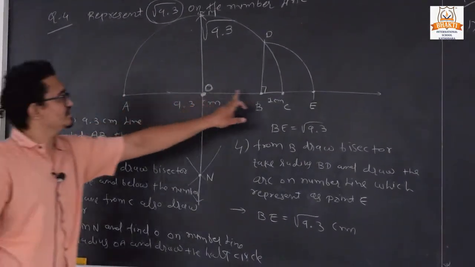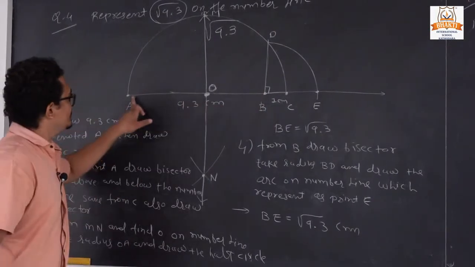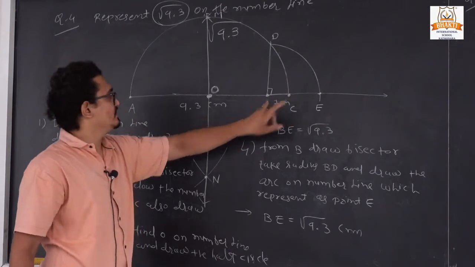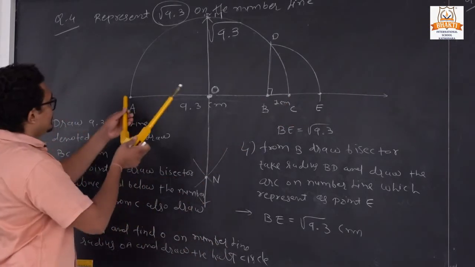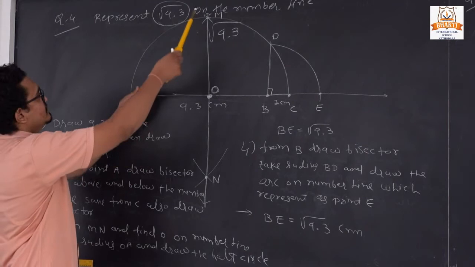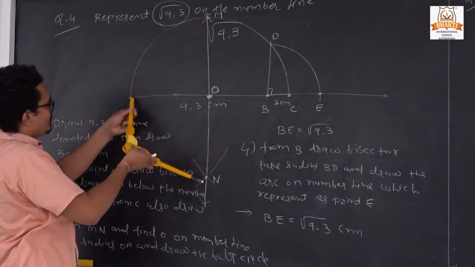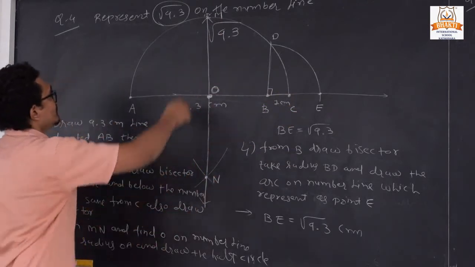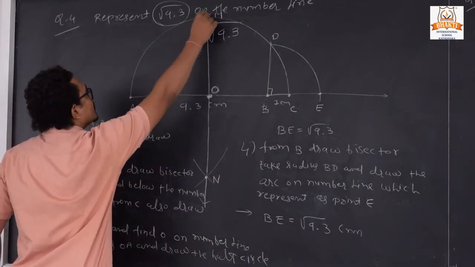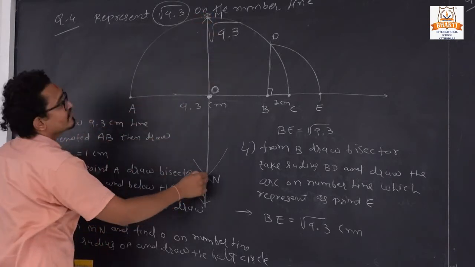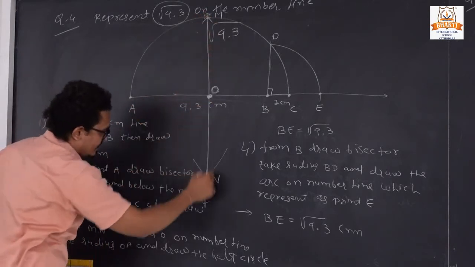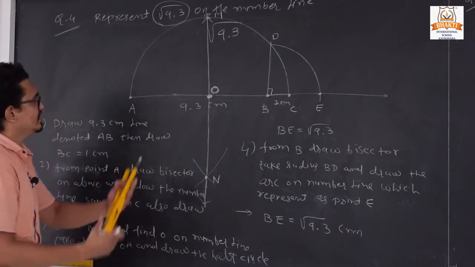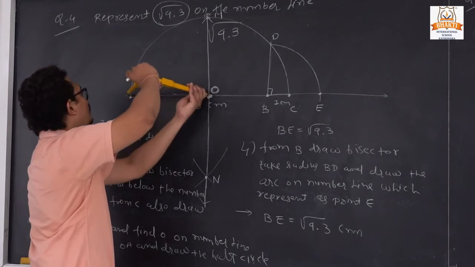First of all, we draw the line AB of 9.3, then BC will be 1 centimeter. Then we take a radius more than half. We take one arc from point A and one arc from point C. After joining both arcs, we find the points MN. We join this MN, so it intersects our number line at point O. Then take point O and draw the half circle.